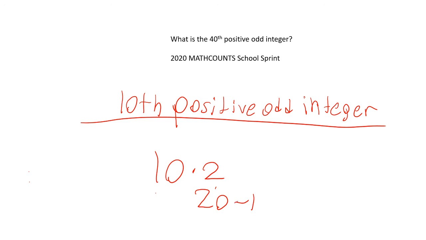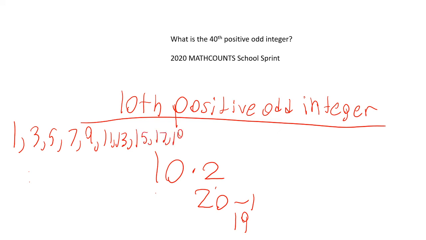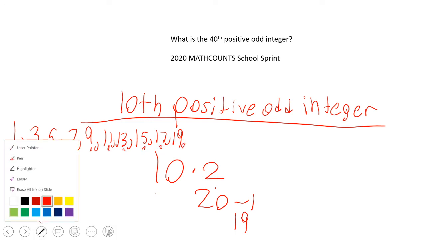Subtract off a 1, 20 minus 1, that's 19. Now 19 is odd, but let's see if it's the 10th positive odd integer. Let's start listing them out: 1, 3, 5, 7, 9, 11, 13, 15, 17, 19. Now let's count: 1, 2, 3, 4, 5, 6, 7, 8, 9, 10. So our method is clearly working.